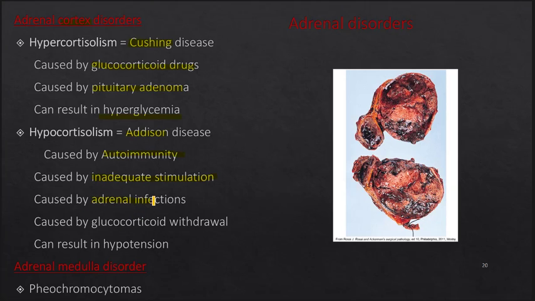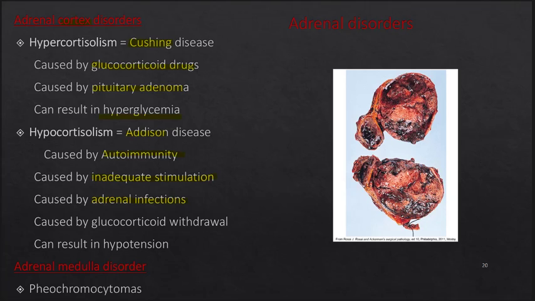Certain infections of the adrenal gland can lead to hypocortisolism. For example, if somebody has tuberculosis, HIV, or even meningitis, once it gets into the blood and causes bacteremia, it can travel to the kidney and infect the kidney, impairing its overall function.